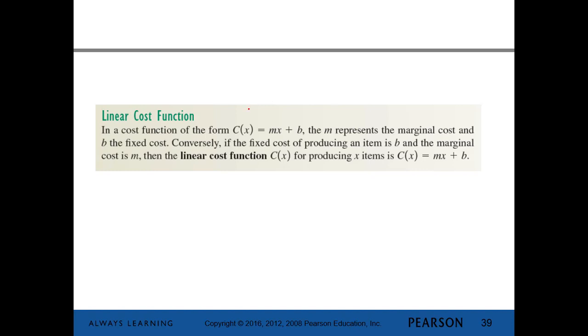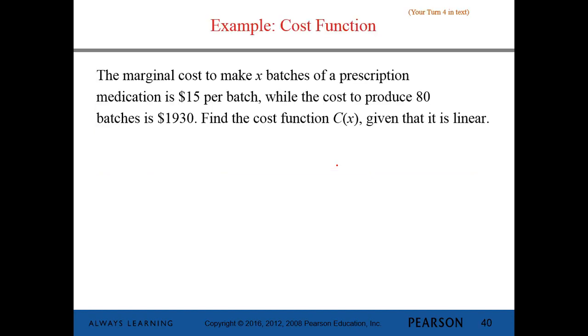Okay. So M represents marginal cost, and B is what we call the fixed cost. So conversely, if the fixed cost of producing an item is B and the marginal cost is M, then the linear cost has to be this for producing X widgets. Okay. So this is the definition of what a linear cost function is.